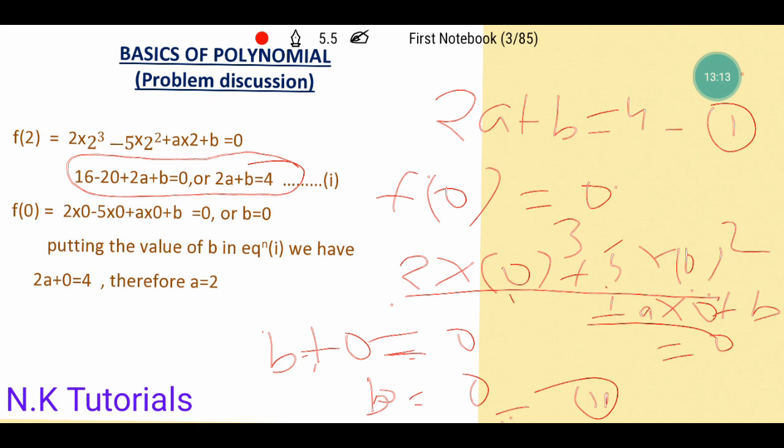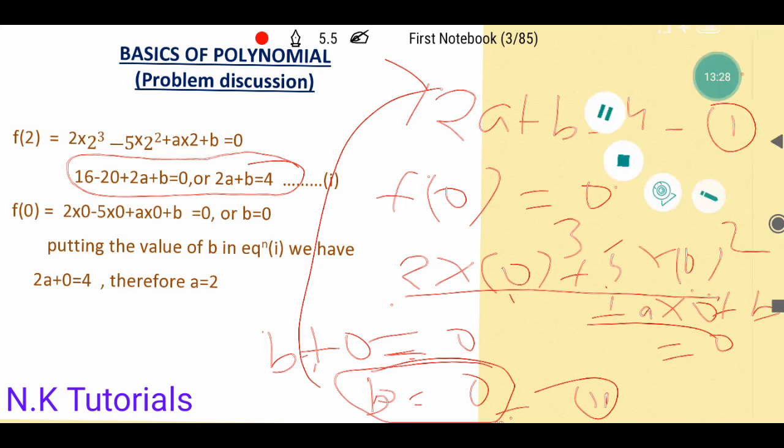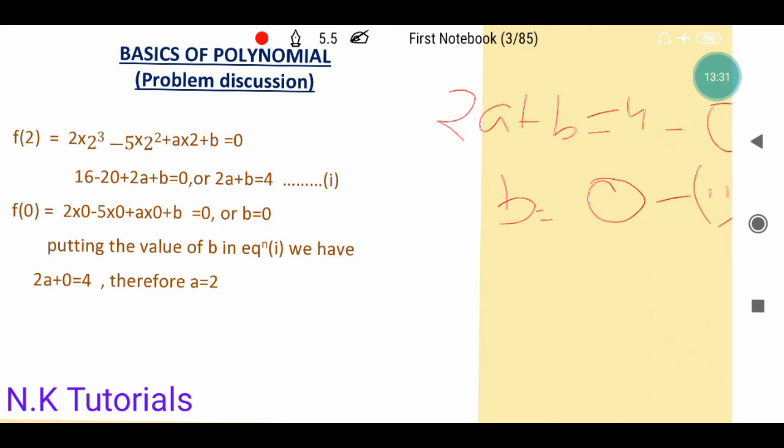Okay, so we will put the value of b in equation 1 and find the value of a. Correct. So here we have found the value of b. The value of b is 0. We are putting b is equal to 0 in this equation.